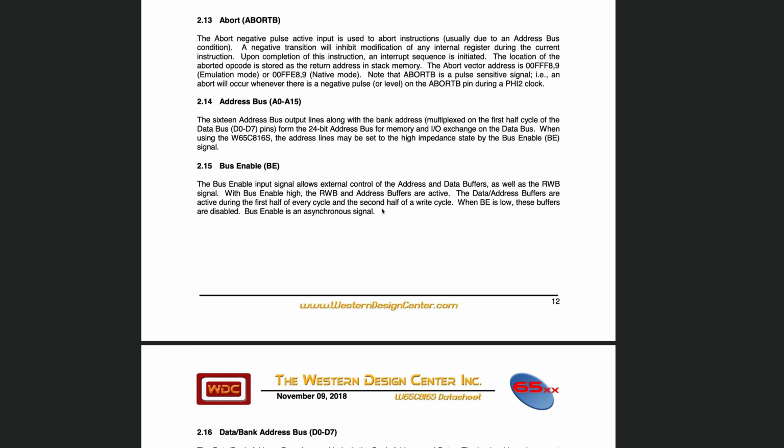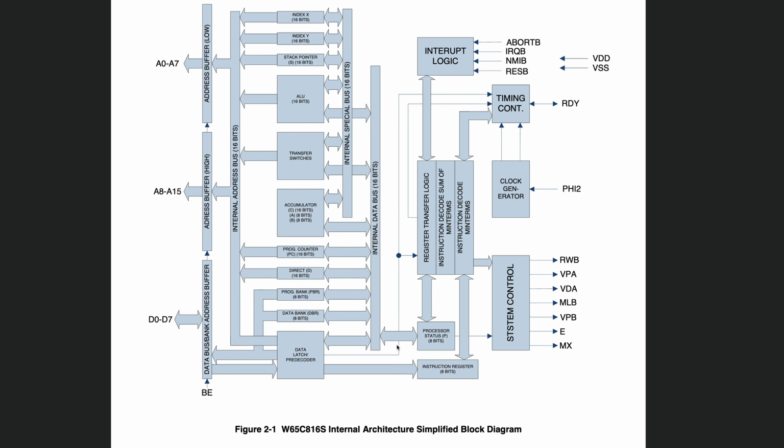How does it work? If you look at the internal architecture block diagram, you can see down there the bus enable signal is coming in and it's only affecting the output buffers. And indeed, the CPU continues running. But that's a problem, right? Because if it continues running, but it cannot access memory to read code or write data, then it's not going to work.